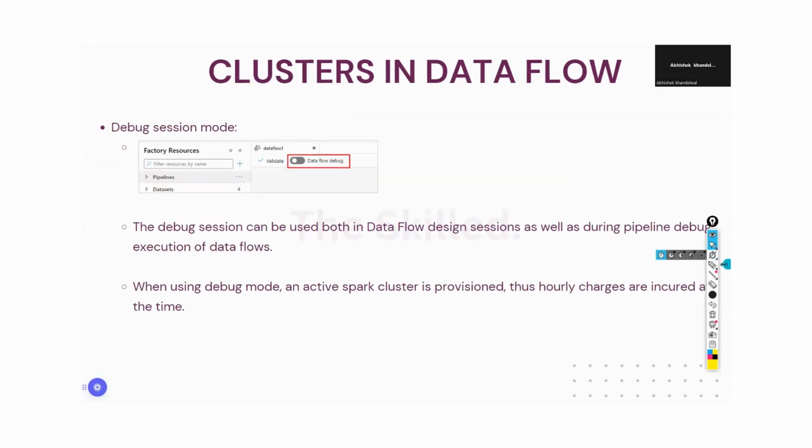It's a live Spark cluster, using which you can transform your data or debug your data for testing or development purposes. This is charged on an hourly basis. So it's a live Spark cluster, and it will be charged based on how much you're using and for how many hours you're using.